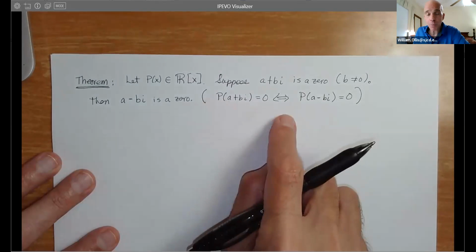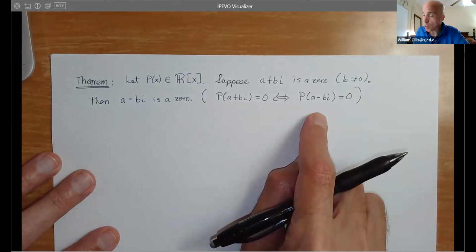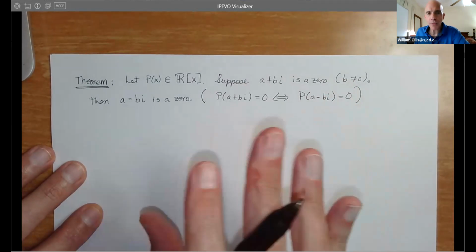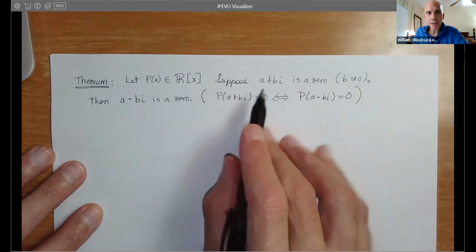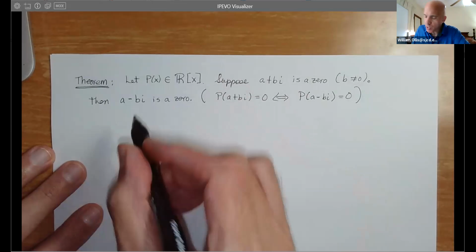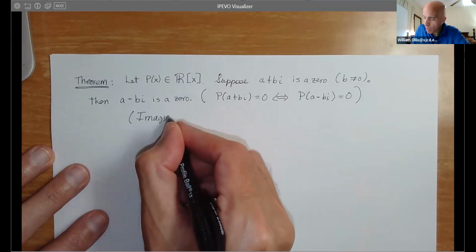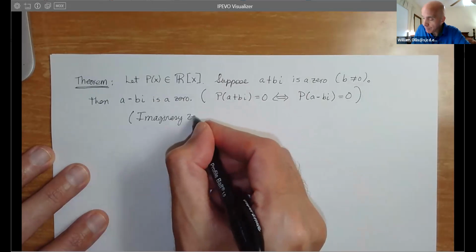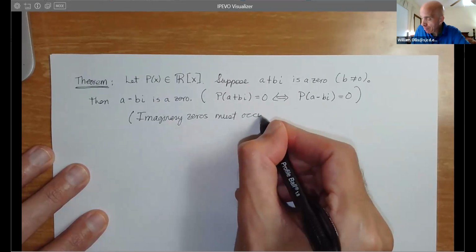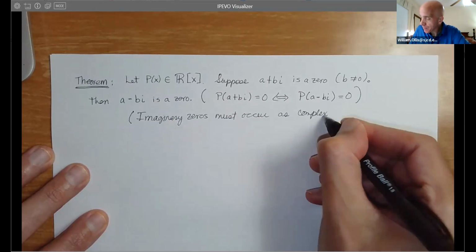The quadratic formula, the plus or minus, gives us these complex conjugate zeros. And so this is a gift. So anytime you're dealing with a real polynomial, imaginary zeros must occur as complex conjugate pairs.